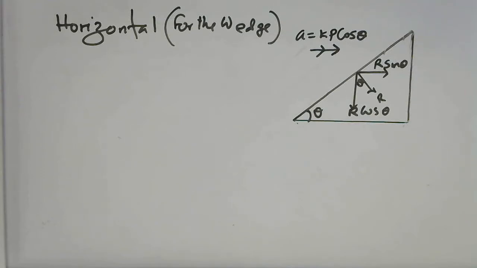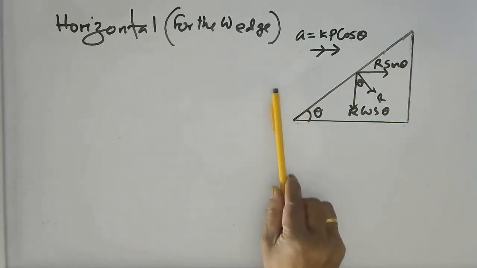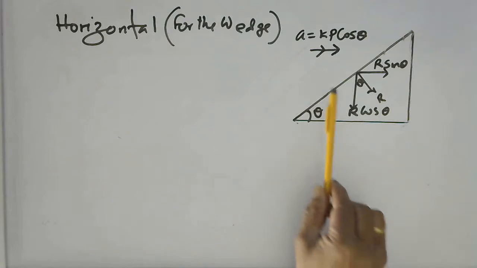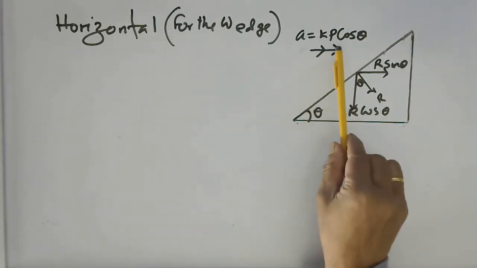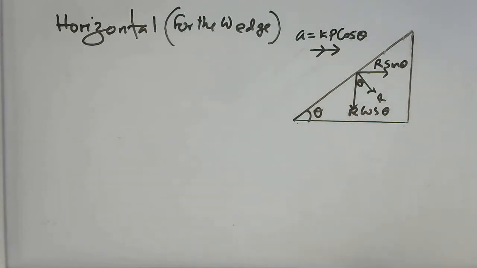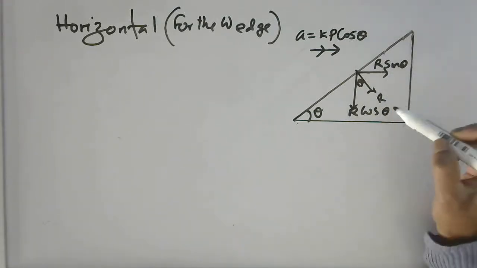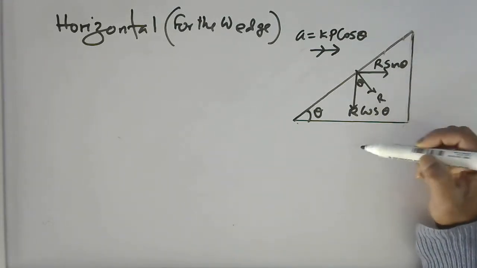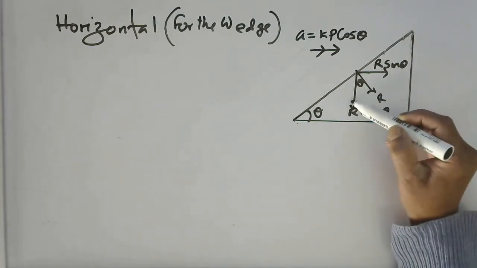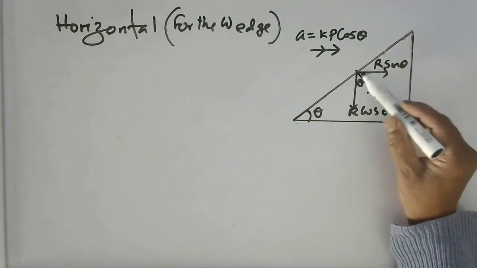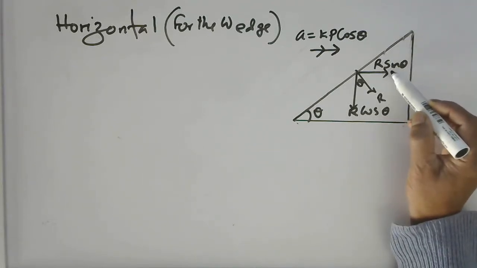The third part is horizontal, for the wedge only. The wedge is only moving horizontally, not vertically, so it's moving to the right with acceleration a, and we already know a is equal to kp cos theta. I divide the force R into horizontal and vertical components: R cos theta and R sine theta.